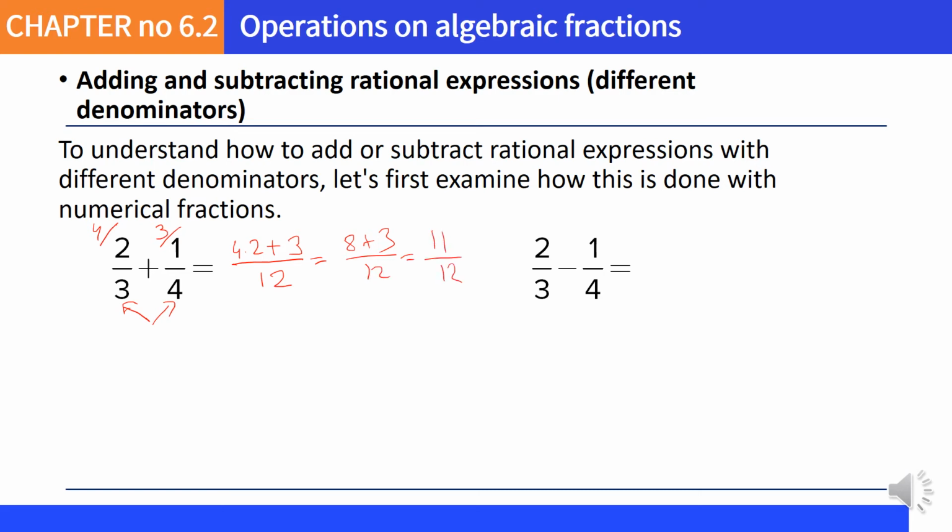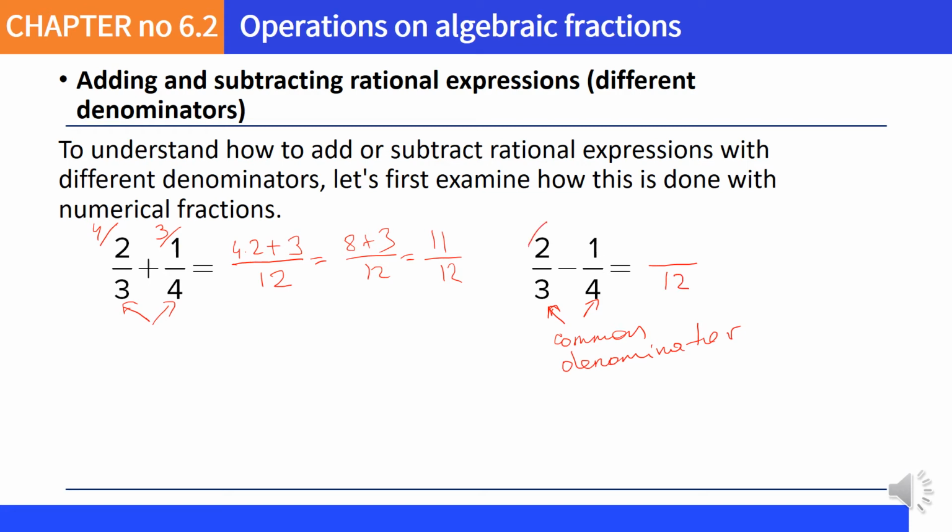In the same way, we will do it with subtraction. 3 and 4 are not the same, so we have to find a common denominator. For 3 and 4, the lowest common multiple is 12.